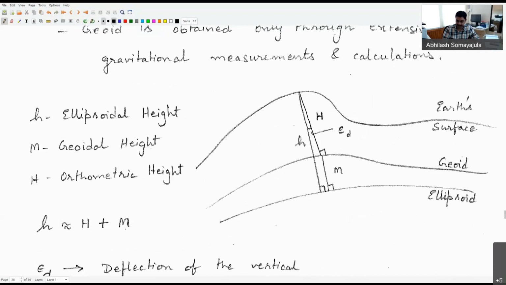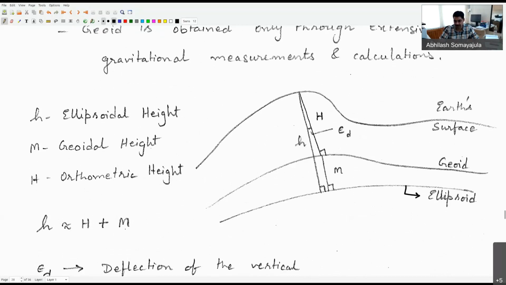You can use that to look at what the actual geoid surface looks like. So if I come back and do a pictorial representation, let's say this is my ellipsoid surface, then the geoid might actually look something like this. Notice that the geoid does depend on the hills, valleys, and other things.